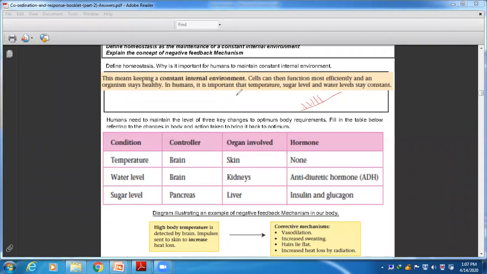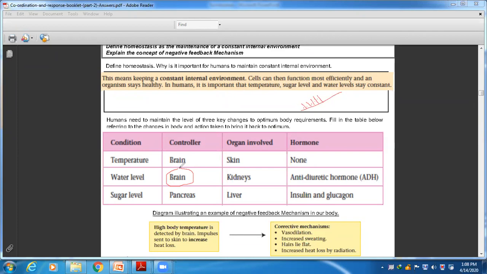All right, now let's move toward another. Water level, okay, water level should also be controlled in your body. For example, if the water level increases or decreases in your body, that will again be detected by the brain, and that part of the brain is called the hypothalamus. So it means the hypothalamus contains, for our topic, two types of receptor.